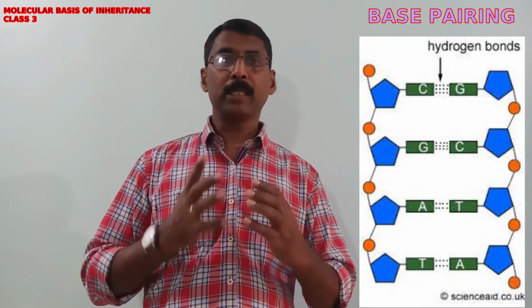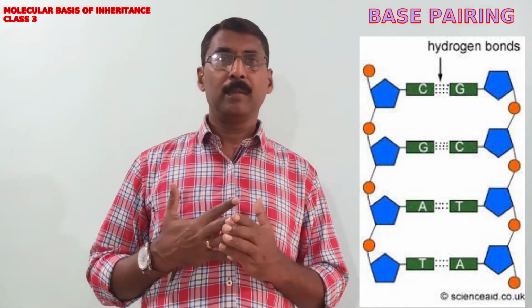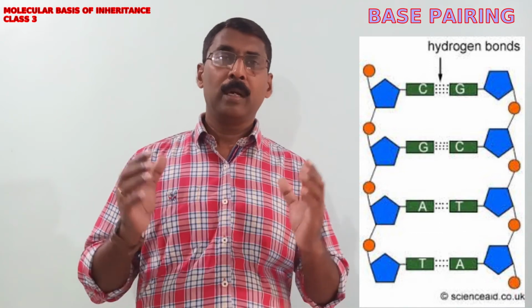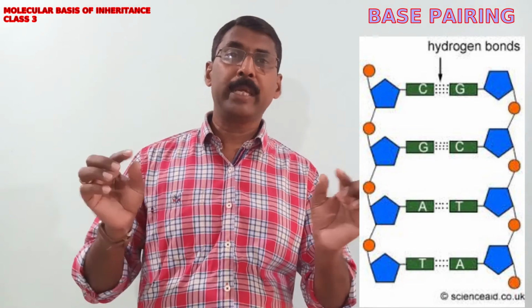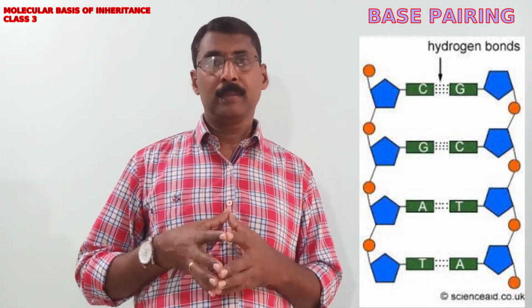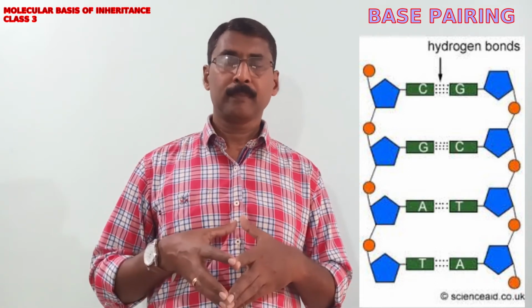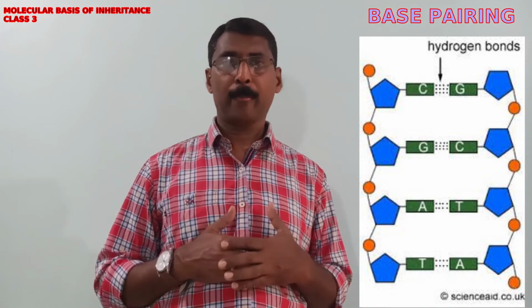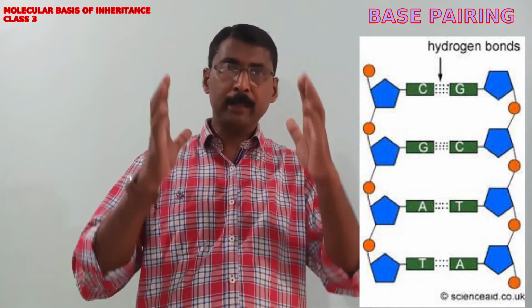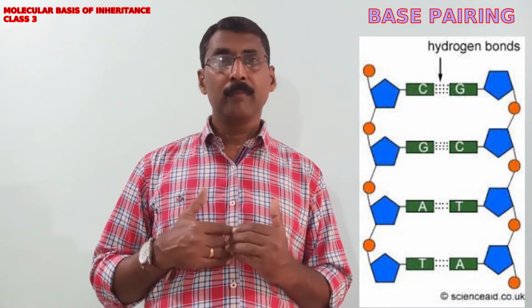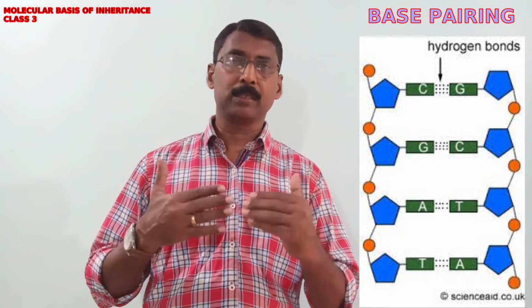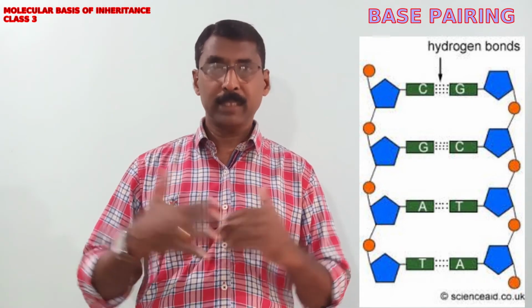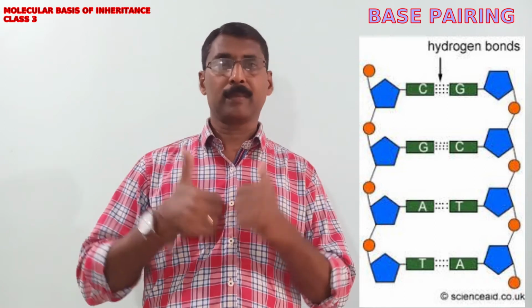are connected together by means of hydrogen bonds between the nitrogen bases. So in the DNA molecule, the two strands are located side by side, with the nitrogen bases facing each other.